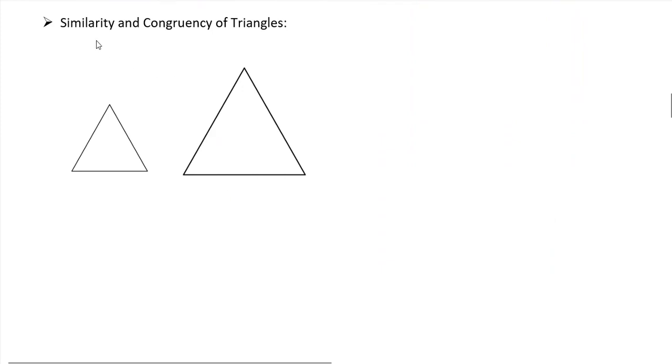Let us now understand the concept of similarity and congruency of two triangles. So what is similarity? Similarity means similar in shape. If two triangles appear to be similar in shape, they will be similar. Whereas congruency means exactly the same.